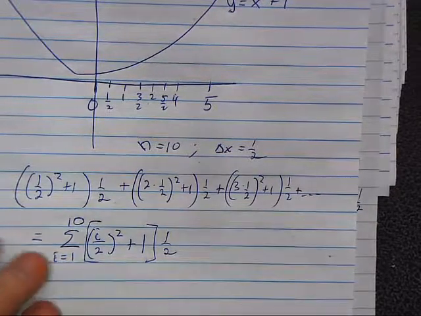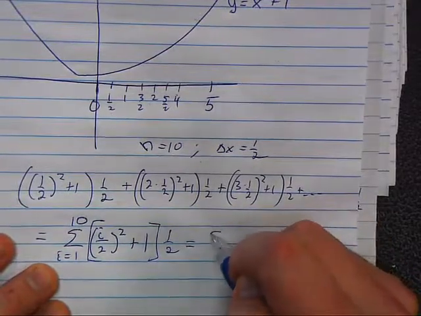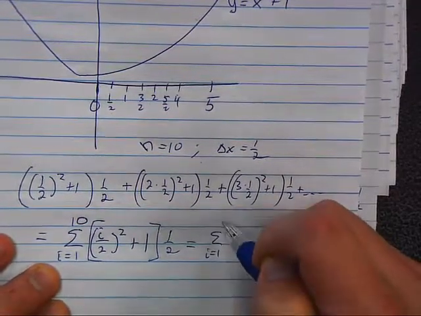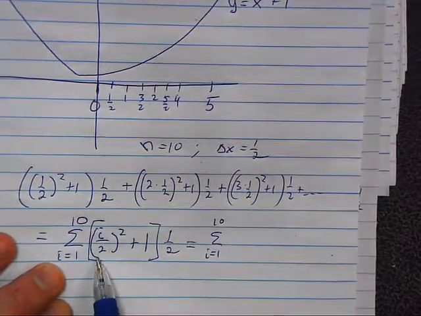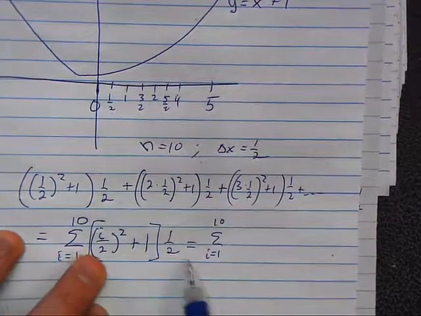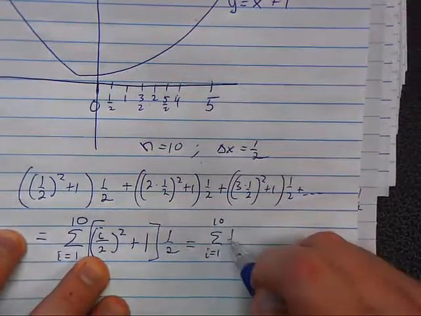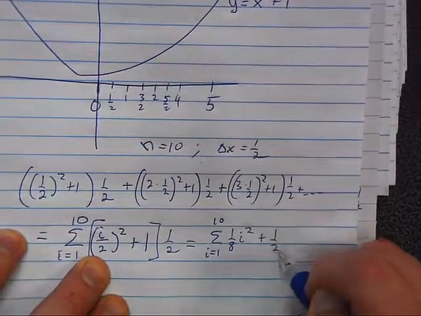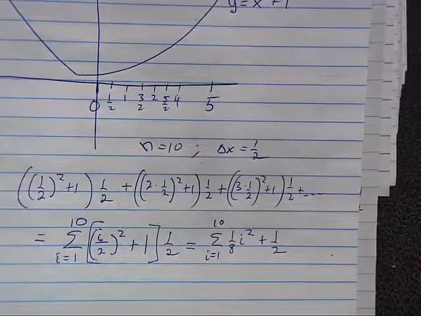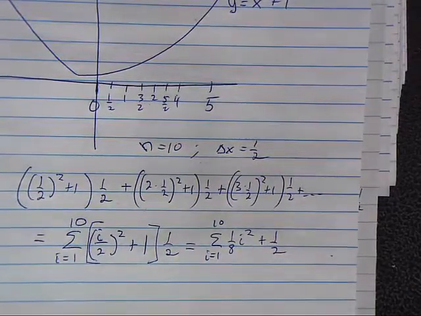Okay, so this is going to be the sum from i equals 1 to 10. This is going to be i squared over 4, correct? But then I'm going to have to multiply by 1/2. So that's going to be 1/8 i squared, plus 1/2. So I squared top and bottom there, and I distributed the 1/2 through.